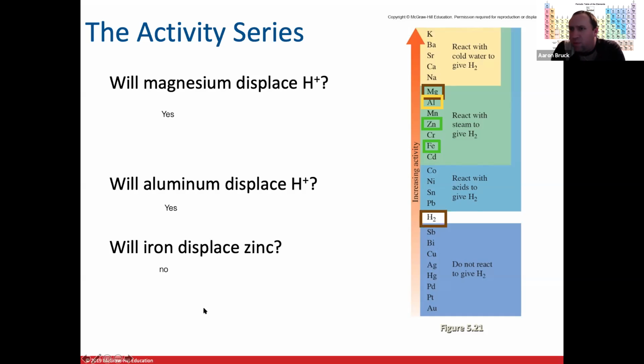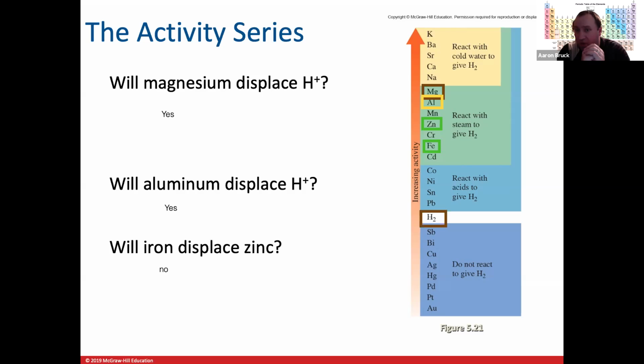So single replacement reactions only occur if the element that is doing the replacing is more reactive than the element that is already in the compound. If the two are different from each other in that regard, then a reaction won't actually happen.